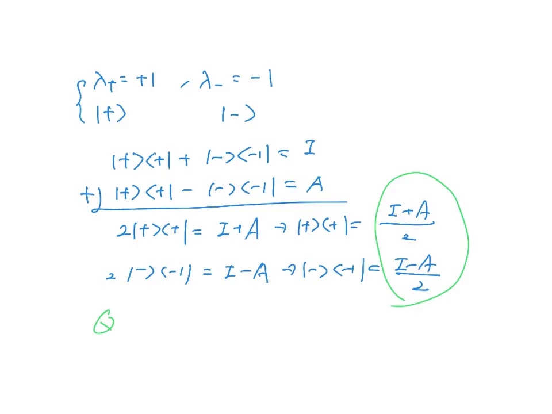So this question is about the spectral theorem. Even if you don't understand, you cannot calculate this. So this can be a very interesting problem, right? Without calculating the eigenvectors, you can still find the outer product, which would be very useful in the future.